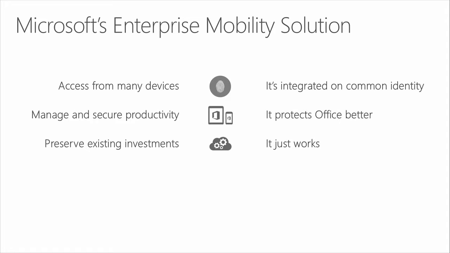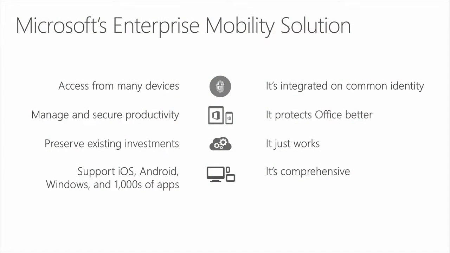So that's often an approach that IT would take with any sort of service that provides management and security. And with ours, it just works. It's easy in a couple steps to get started, a couple express steps to get started with the Enterprise Mobility Suite services. And we support cross-platform, so iOS, Android, Windows, and thousands of applications. That's the goal, and we are comprehensive.